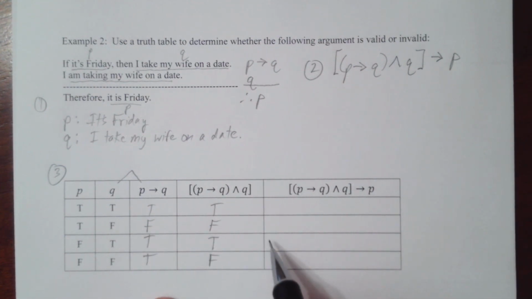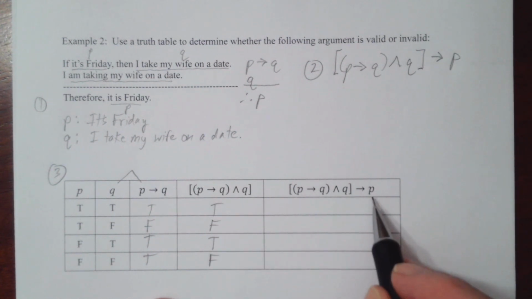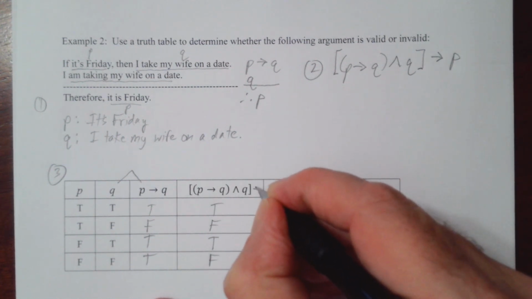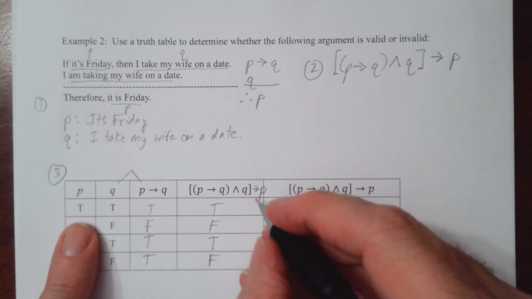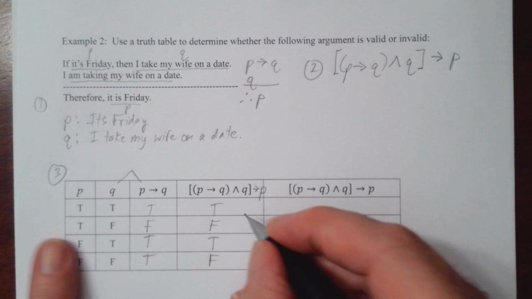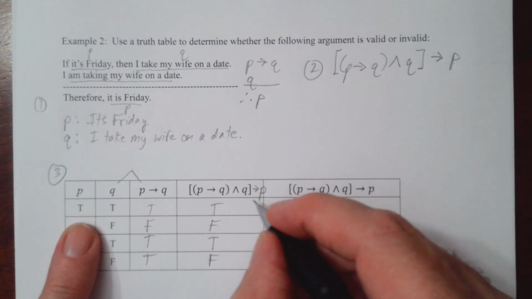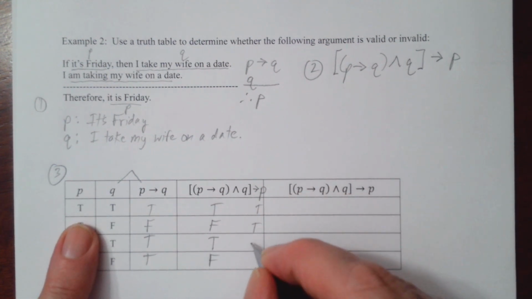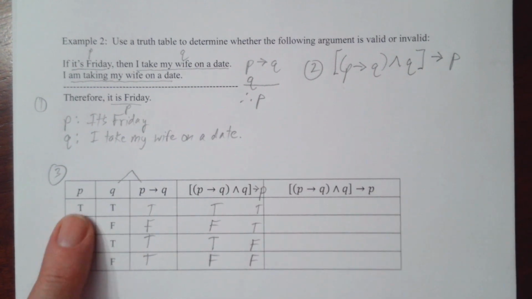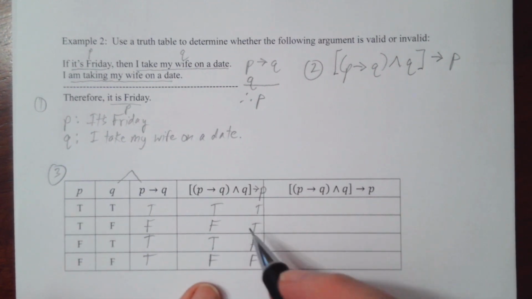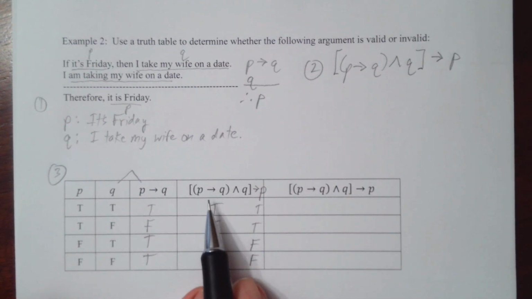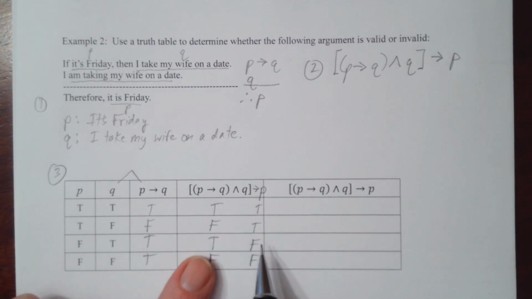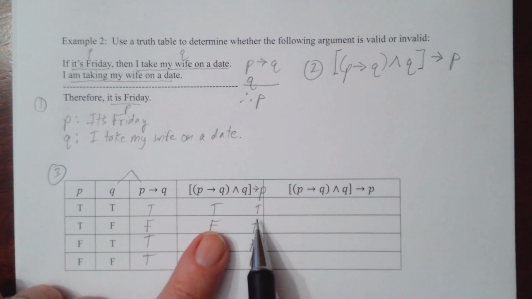Finally, we want to know if this statement implies P. So I like to put my P values in here, just to put it in order. But you could go backwards with an arrow here. I'm just going to go ahead and put my P values, true, true, false, false, just coming from the P column. So I want to know if this statement's true or false. And again, it's an if-then statement. It's a conditional statement. It's only false when we have true, false.